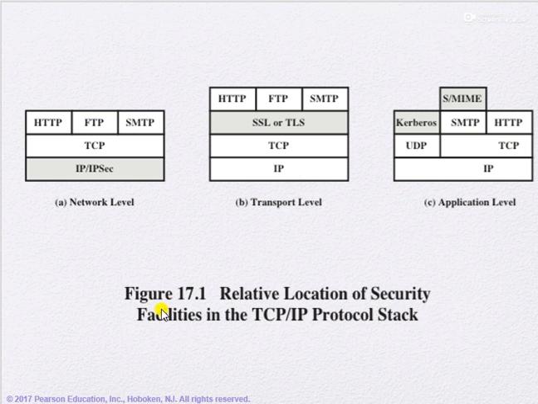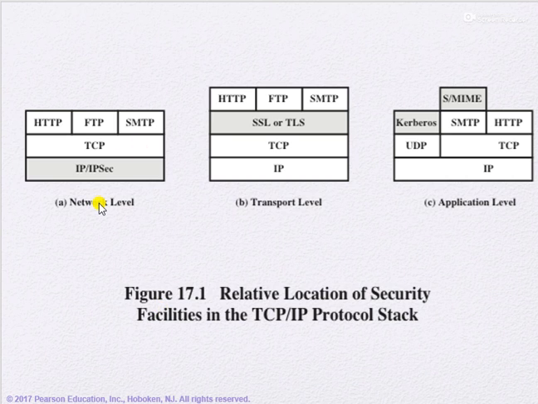In order to provide web security, there are many possible approaches. These approaches are similar in the services they provide, and to some extent in the mechanisms that they use, but they differ with respect to their scope of applicability and their relative location within the TCP/IP protocol stack.